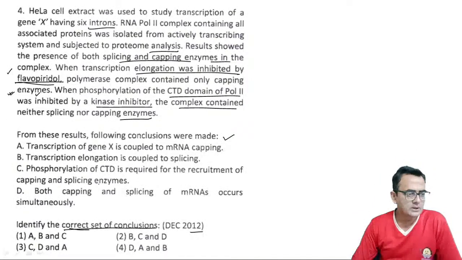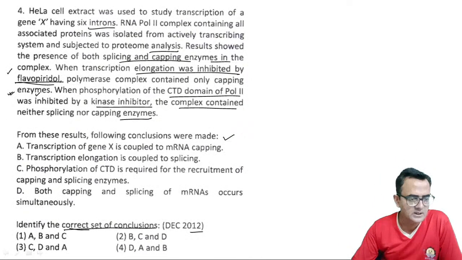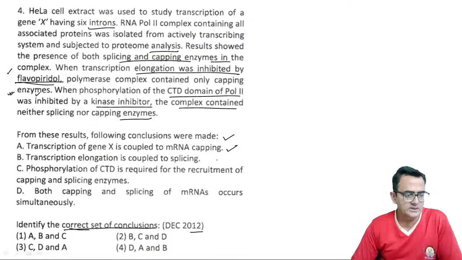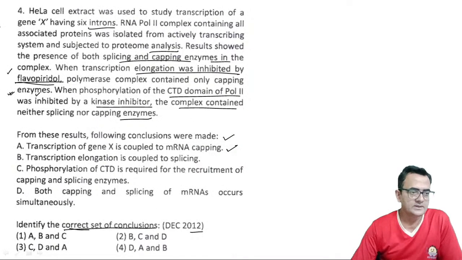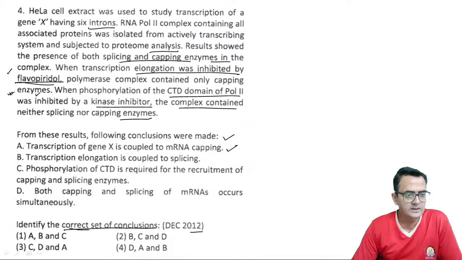So here, transcription of gene X is coupled to mRNA capping. They have taken the X gene, and 6 introns are there, right? When they are treated with flavopiridol, the polymerase complex contained only capping enzymes, right? So the transcription of the X gene is coupled with capping, of course, yes, when they inhibit the elongation process.